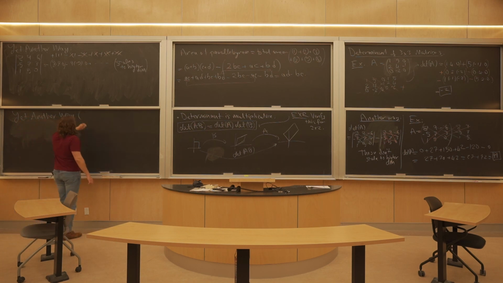This is a recursive algorithm. So you start like this. Let me again take the same matrix. You choose any row or any column you want. Let's just say that I chose the first row.